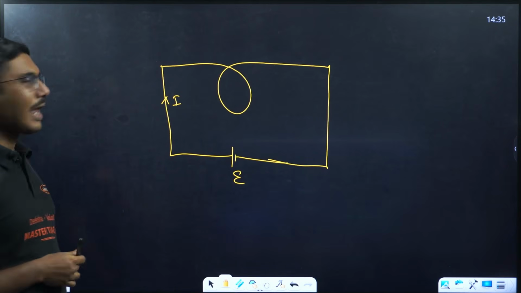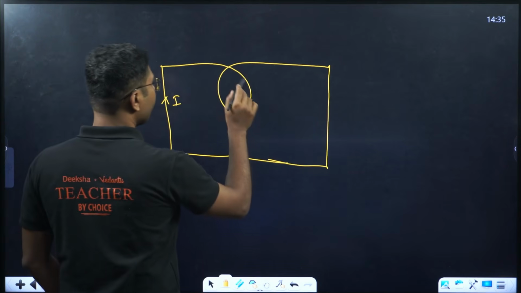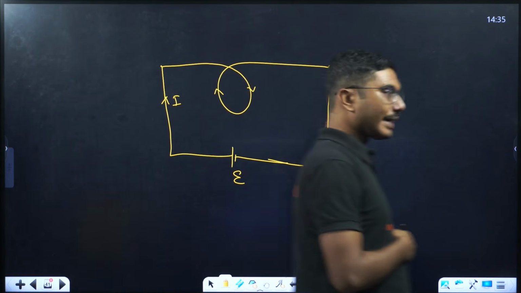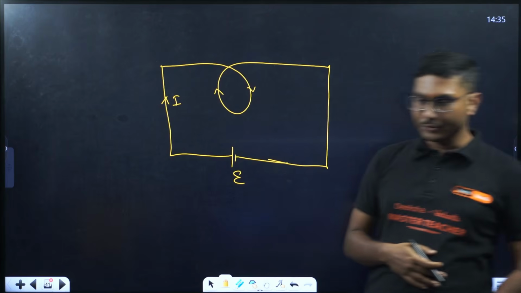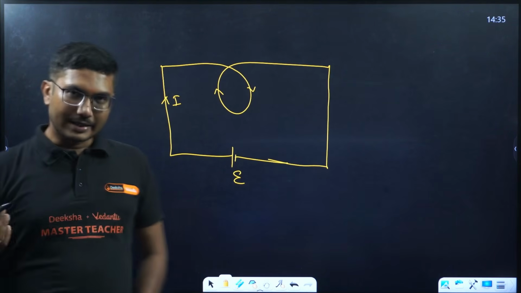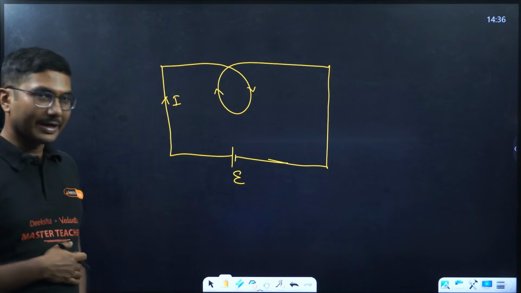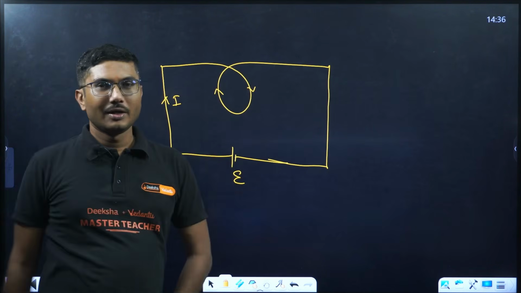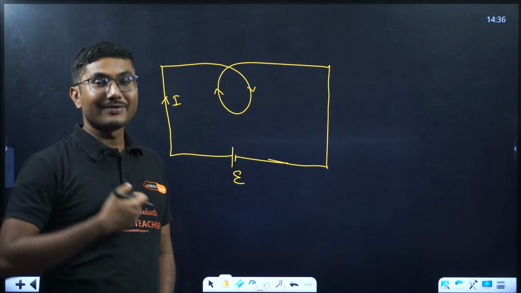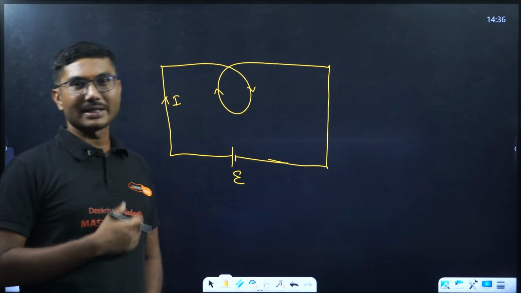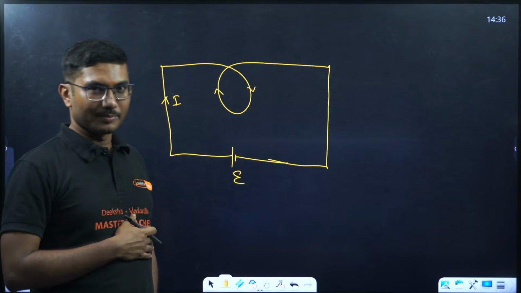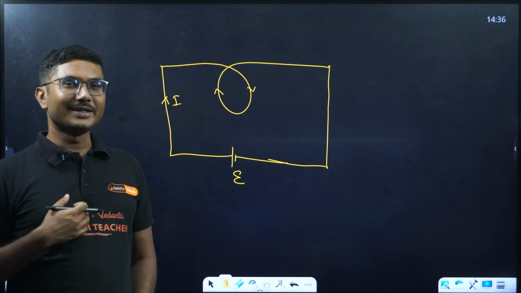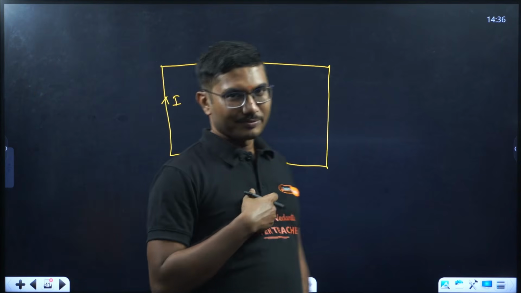Now what will happen? When the current is passing through this, it will produce a magnetic field. In a current carrying coil, we know there will be a magnetic field produced inside the coil. The expression for that we have done in the moving charges and magnetism chapter. Now when the current is passing through this coil, suddenly it realizes, I have a varying magnetic field linked with myself, which is produced by me only. So this coil is having that feeling that this me is talking to that me via this me, right?